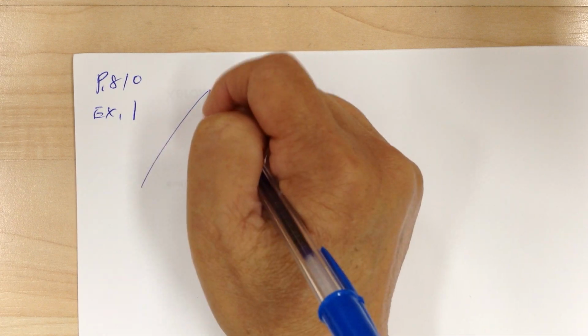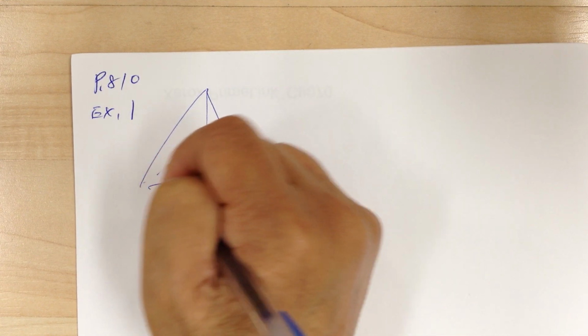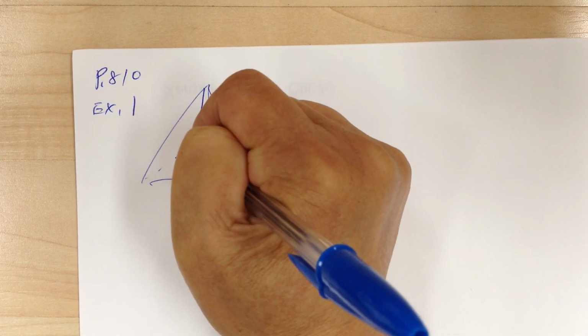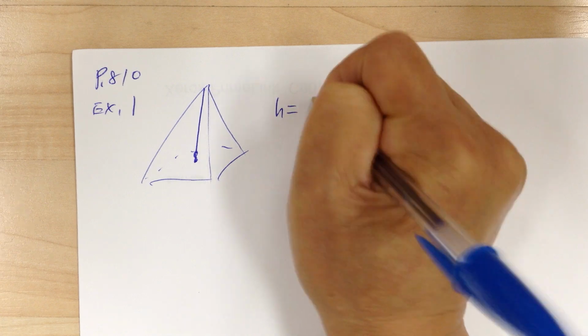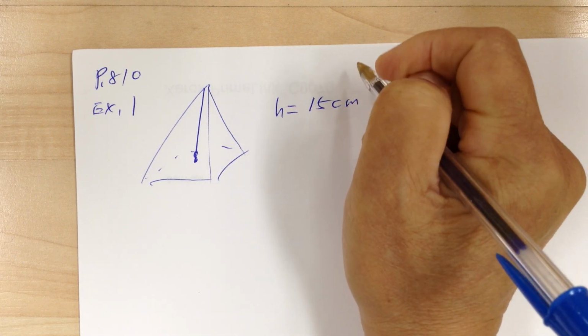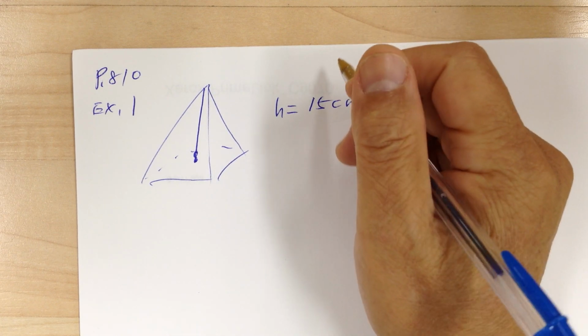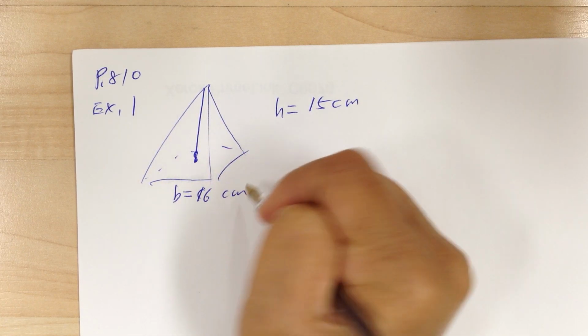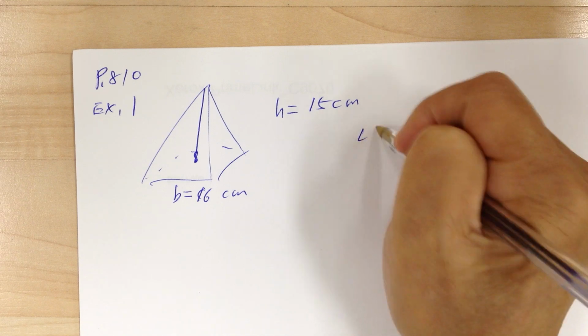So you have this pyramid right over here. It gives you the height is equal to 15, and the base B equal to 16, and you're looking for LA.